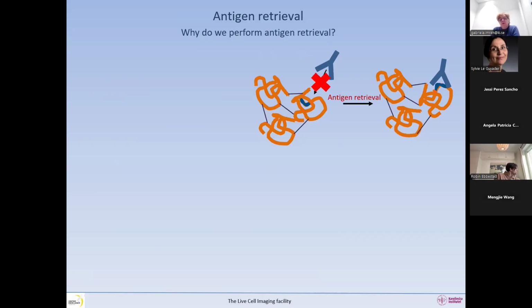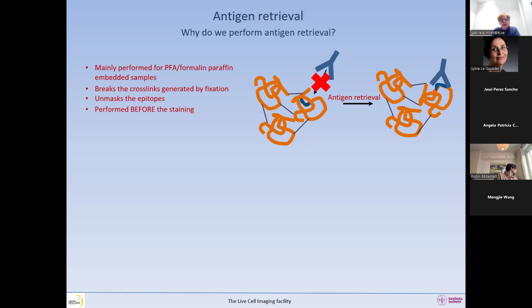And why do we perform antigen retrieval? Because we have to break the crosslinks that were generated by fixation, and by this unmask the epitopes. It's always done before you start the immunostaining and you add your primary antibody.